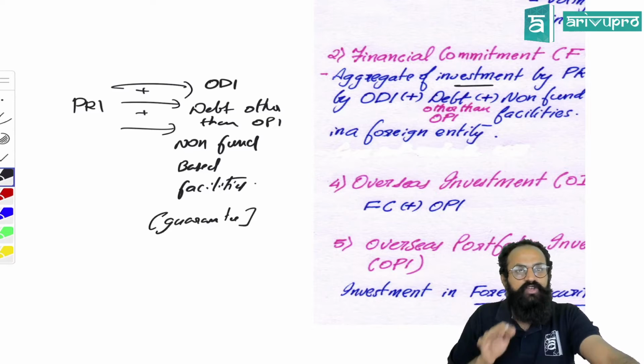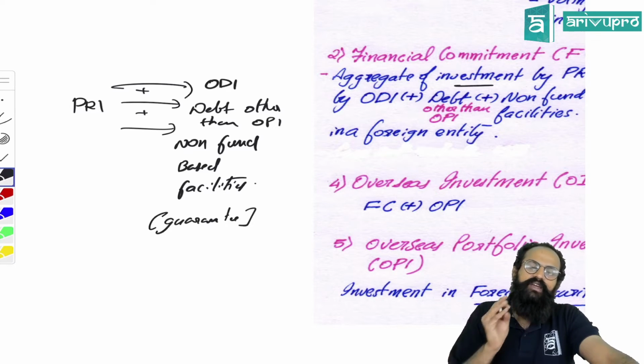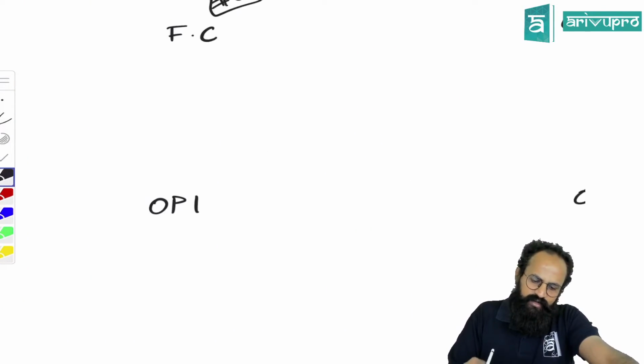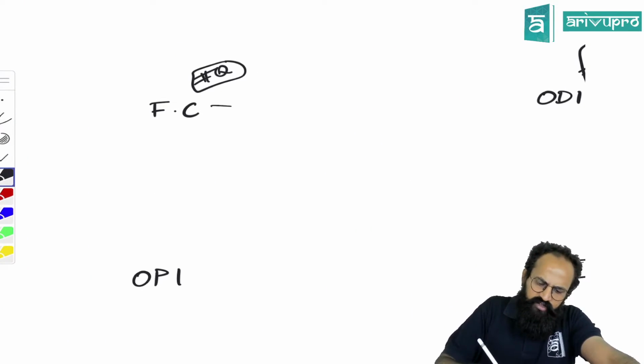So, what do you mean by FC? ODI, debt other than OPI, non-fund based facilities. Actually, write it down here only. What is financial commitment?